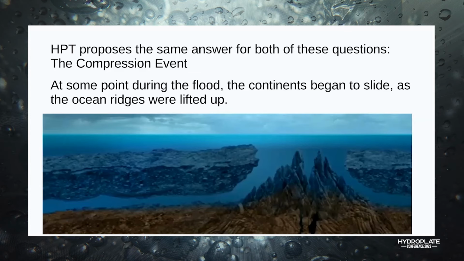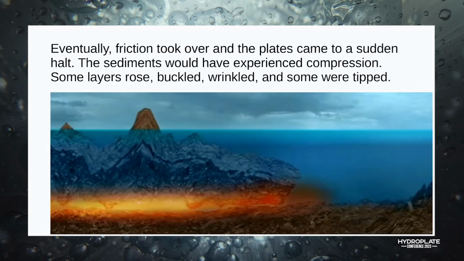Now, the continents could slide because they were riding on a layer of supercritical water, which was almost friction-free. But eventually the water all escaped and rock began sliding against rock, and friction took over, and the plates came to a sudden halt. The crust began to buckle and crush, and the sediments on top would have experienced compression also. Some of the sediment layers rose or buckled, they wrinkled, and some were tipped.